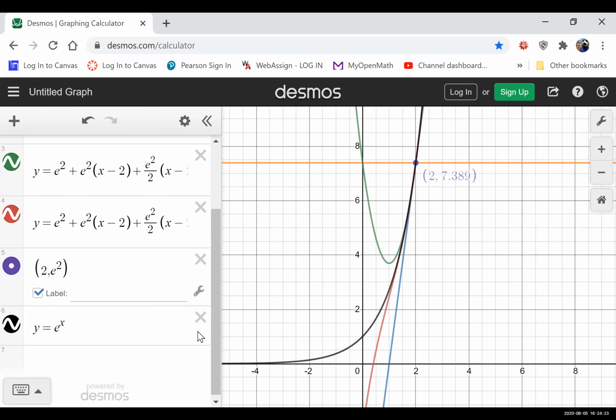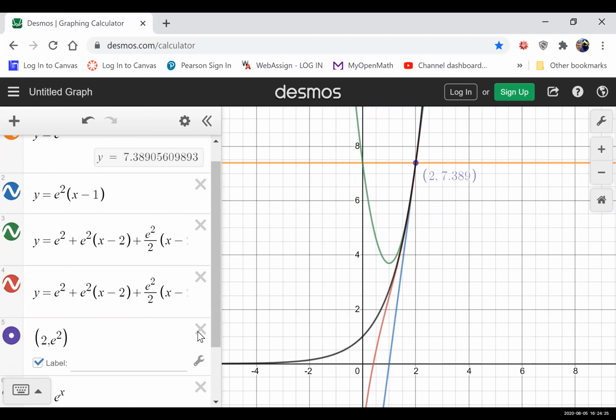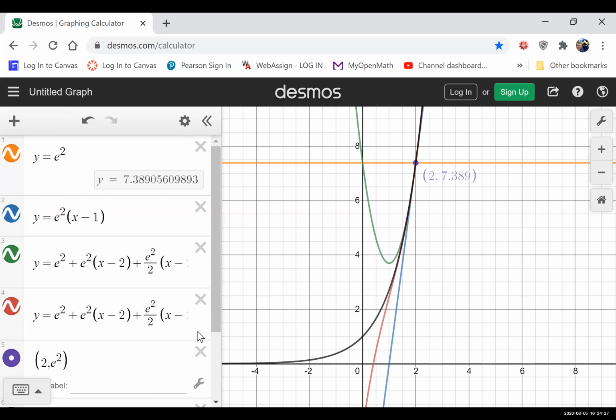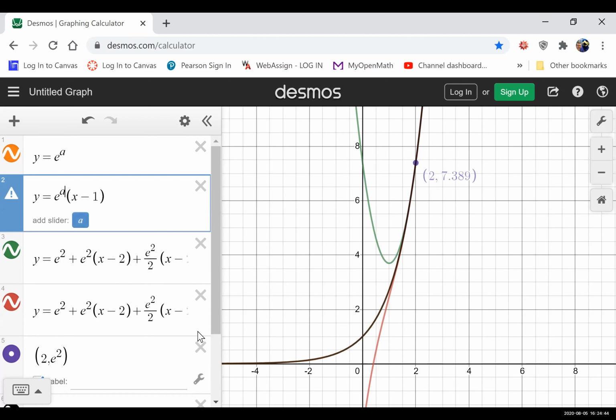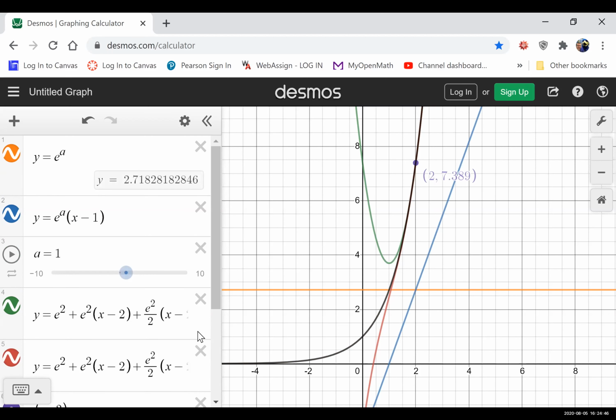Okay, and so what I could do, if I really wanted to be sneaky, is every place that there's a 2, I could put a lowercase a. Okay, and then put a lowercase a here. I want to add a slider, the slider a, here.